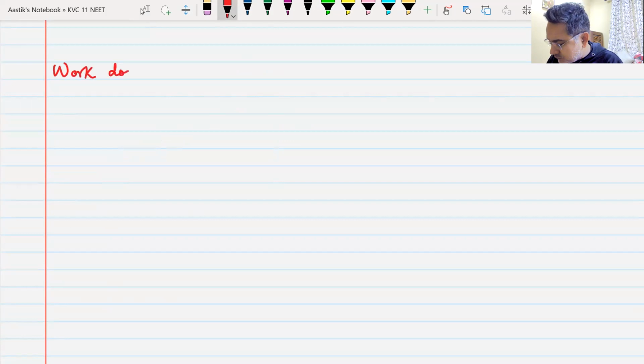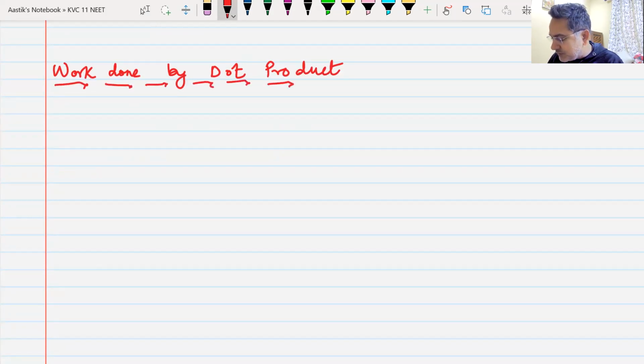Work done by dot product. Sometimes, and this question comes almost every year in your NEET exam, so please notice work done by dot product. Sometimes force is given as a vector and displacement is also given as a vector, and you have to find out the work done by that force.